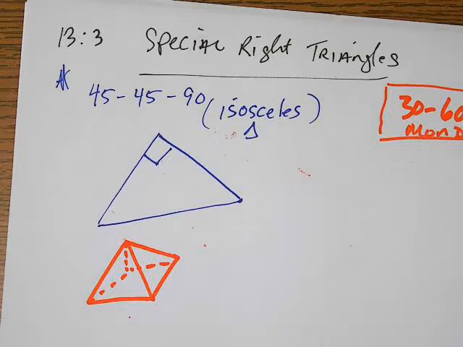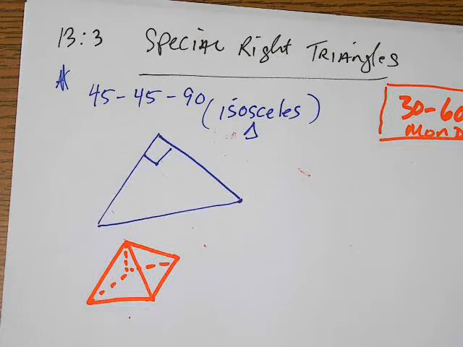Just like parallel lines and skew lines. Parallels are two-dimensional, skew lines make it three-dimensional. Okay? Algebra, you do a lot more with three-dimensional parabolas and curves, things like that.